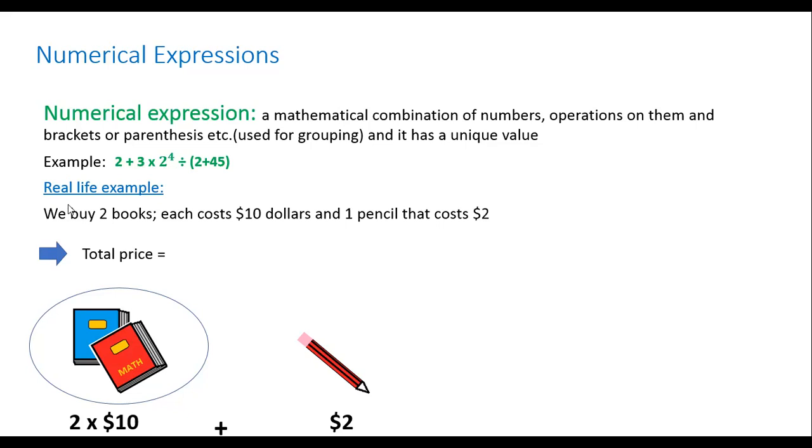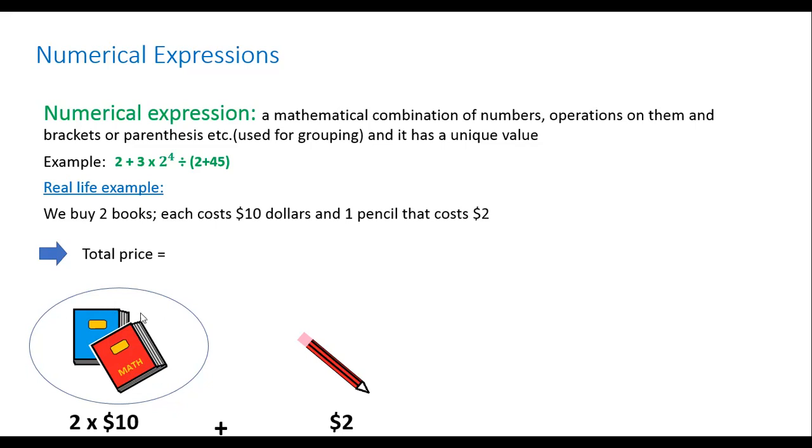Let's take a real life example. If we buy 2 books, each costs $10, and a pencil that costs $2. So in order to calculate the total price with a simple mental calculation, it immediately comes to our mind that we have two books, each of them costs $10.